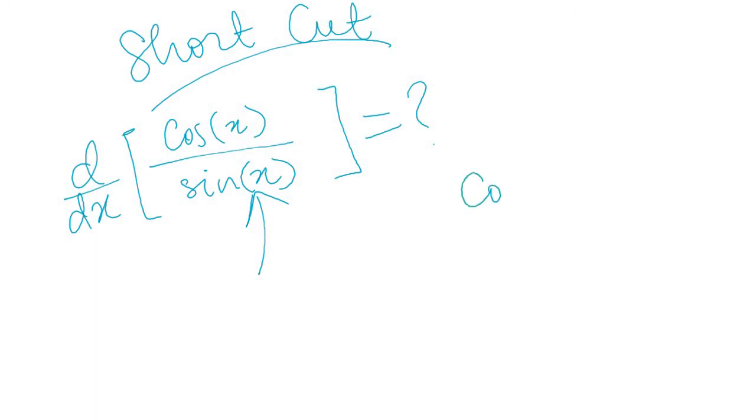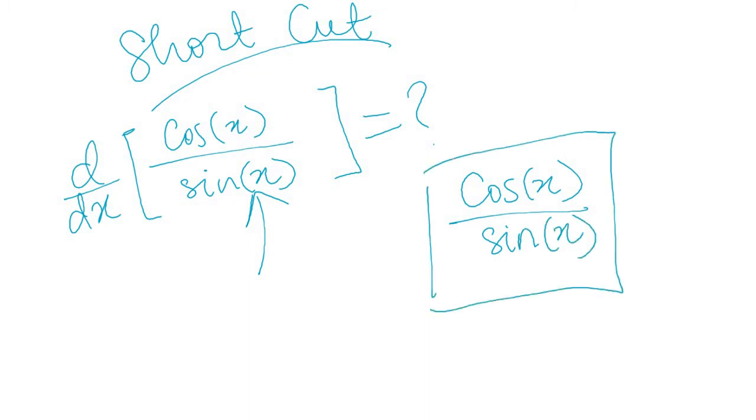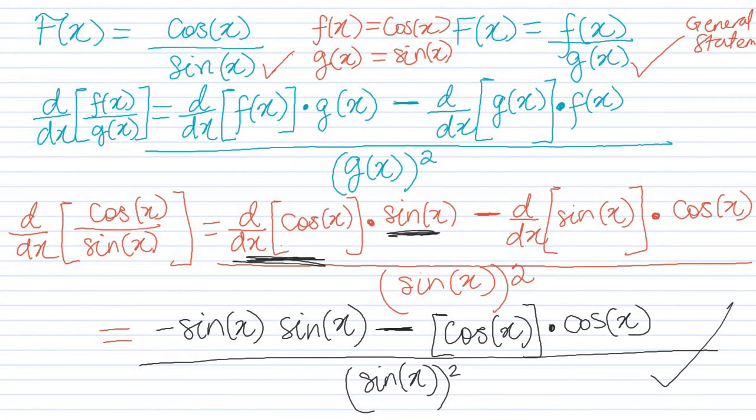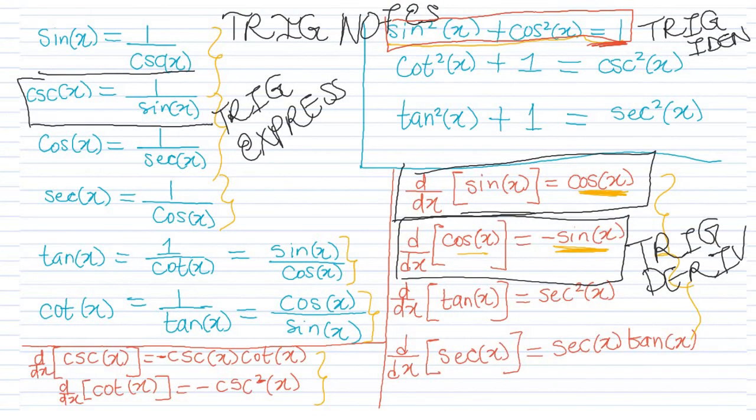So what is cosine of x divided by sine x? Well, the simplified version of this is just to go to our trig notes. Maybe we can find the answer. So when we look at our trig notes, let's look at the trig expressions, which is basically how one trig function relates to another trig function.